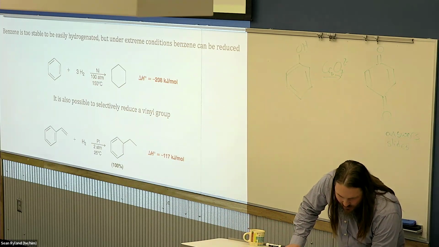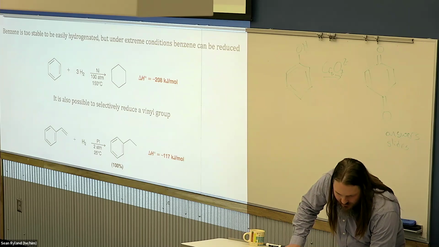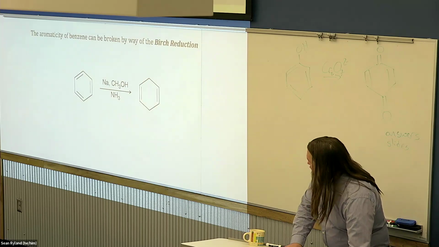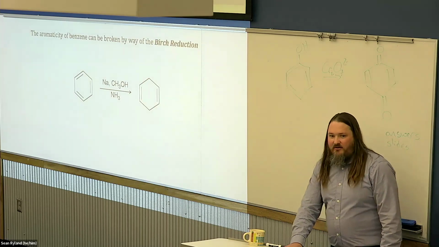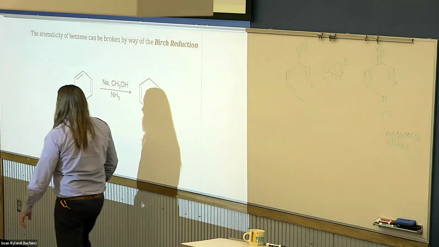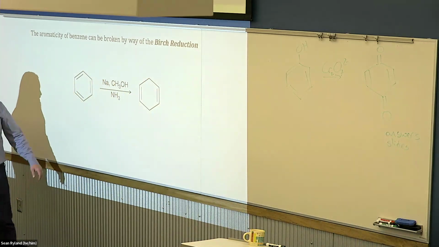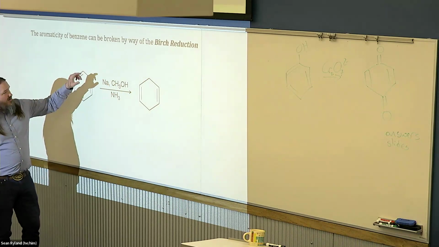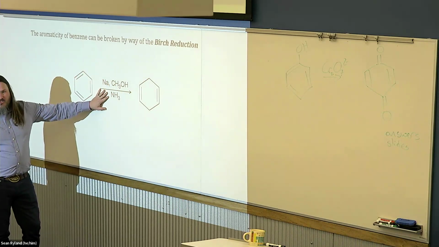All right, however, there is one other way we can break the aromaticity without fully reducing it. And again, it's not a particularly easy reaction to do. It's very similar to the dissolving metal reaction.